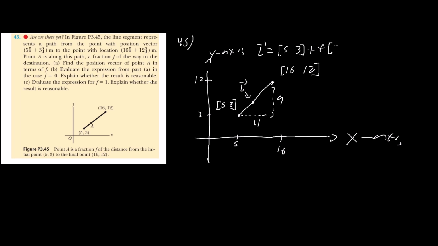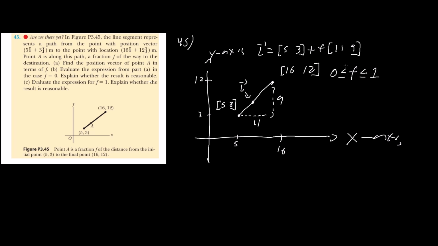It is a fraction of its way, so notice that all I'm doing is putting L as the position vector, the starting position, where this starts at 5 and 3, plus f, some fraction of this other vector that's pointing in that direction. And f is going to be in the interval between 0 and 1.